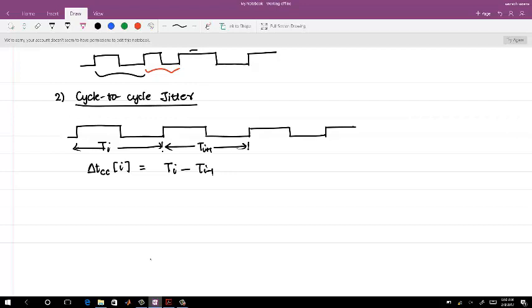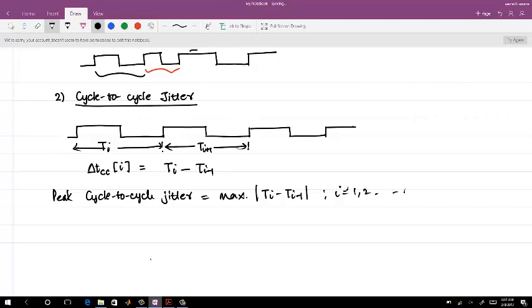It's mostly used as peak to peak, less as RMS. So cycle to cycle jitter is equal to the max of T of I minus T of I minus 1, where I is 1, 2, 3, whatever number of samples you measure.